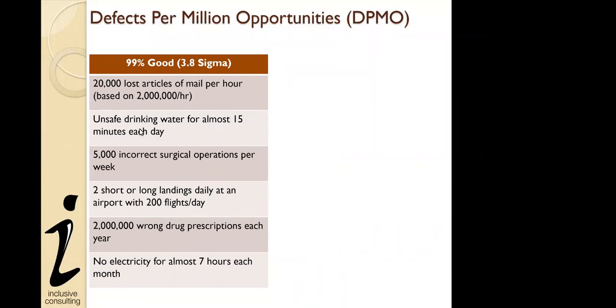In terms of DEWA, you would be having unsafe drinking water for almost 15 minutes each day, and that would be a 99% good performance level from DEWA. Similarly, if you look at hospitals, at the number of surgeries the surgeons make, that level of 99% accuracy would translate to 5,000 incorrect surgical operations per week.